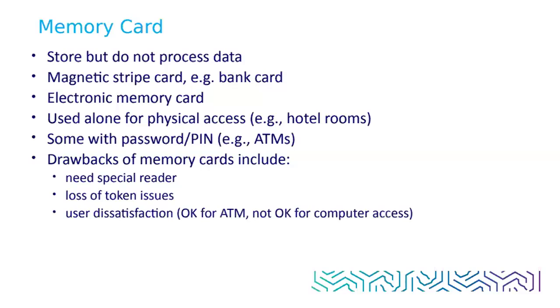So the memory card stores data, cannot perform calculations, and cannot make security decisions. Unlike a smart card, it does not have its own processor. A memory card simply stores information like user ID, account number, access number, card balance.